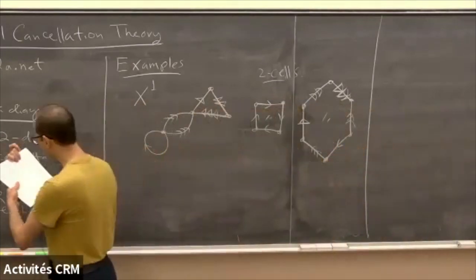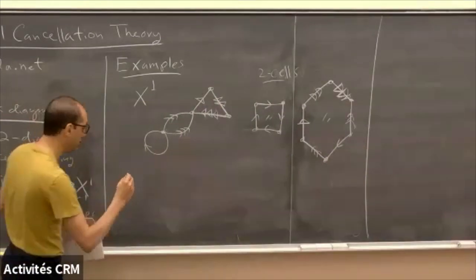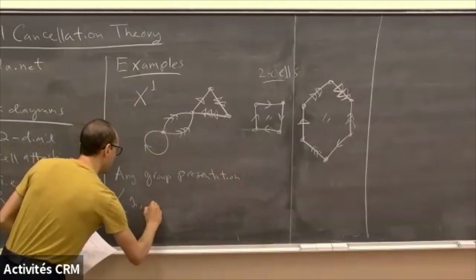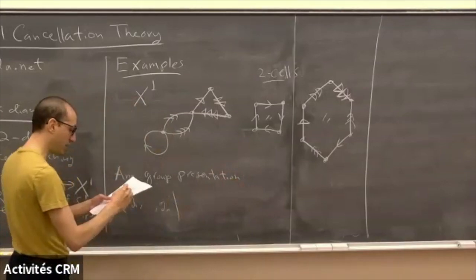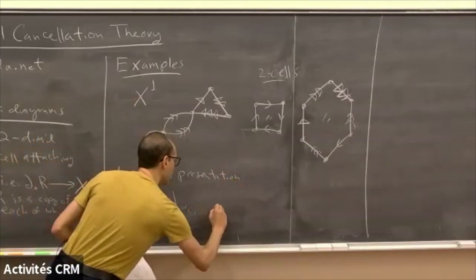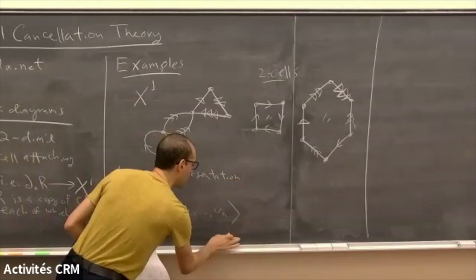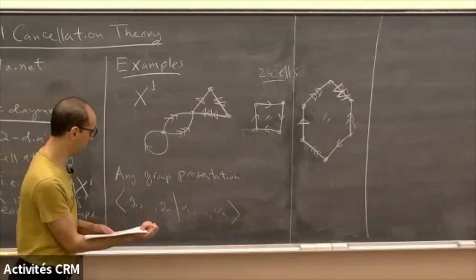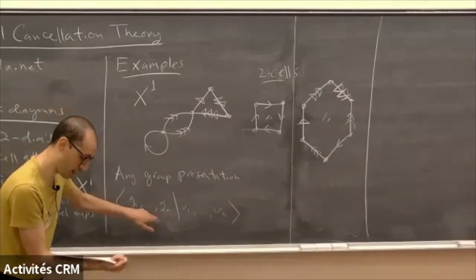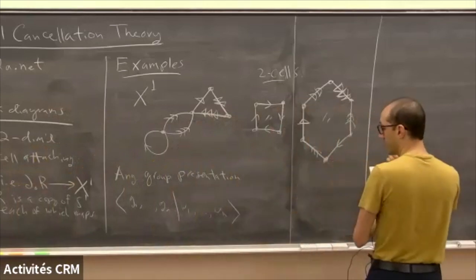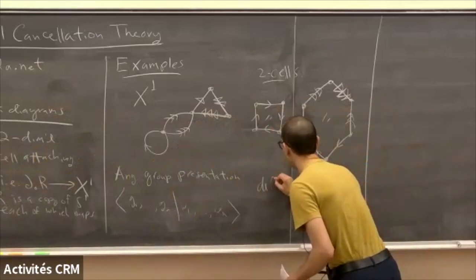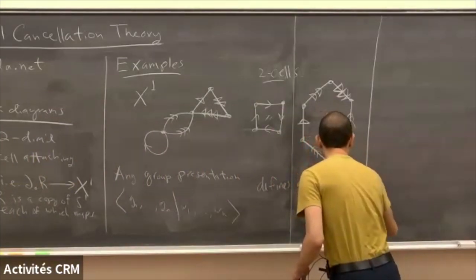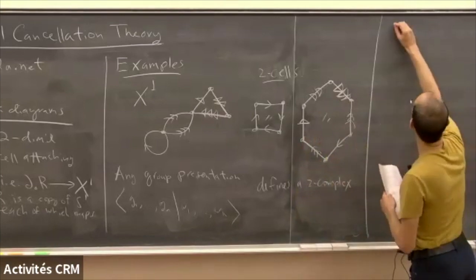Okay, a very important class of examples comes from group presentations. So a group presentation is given by some number of generators and some number of relators, which are words that are trivial. So this is a quotient of the free group generated by the g_i. So any group presentation defines a two complex in the following manner.